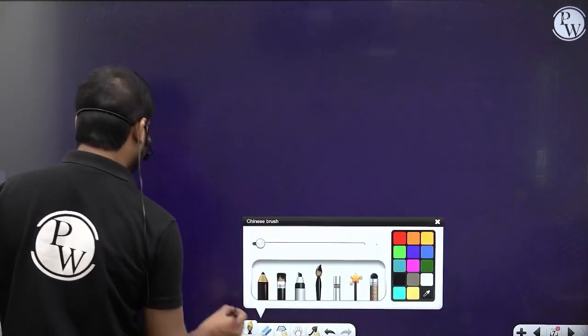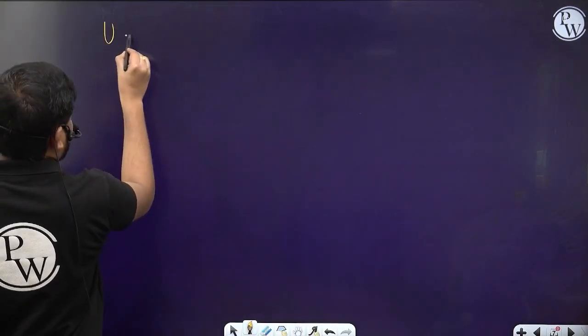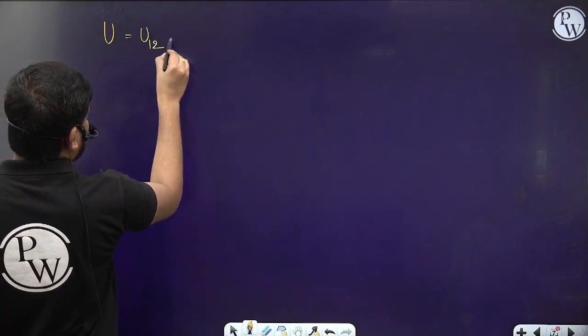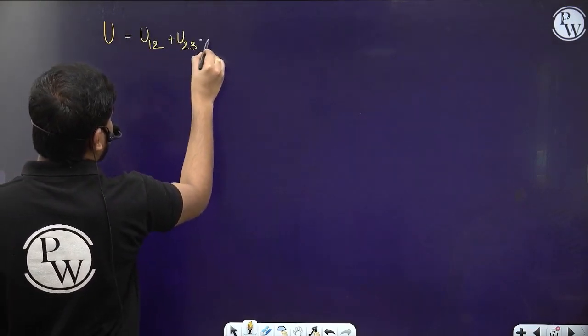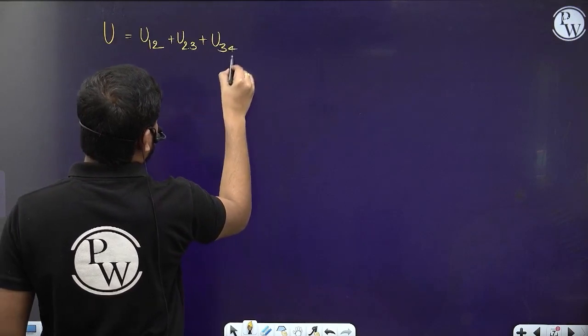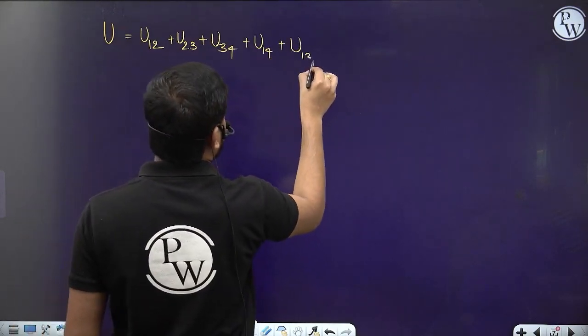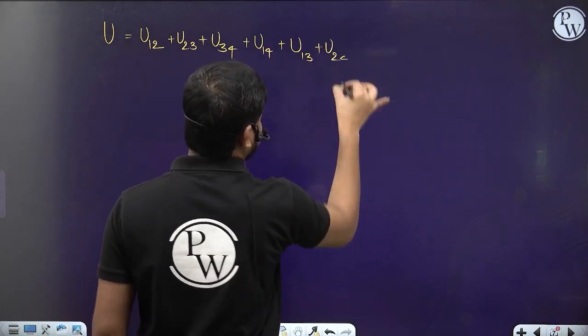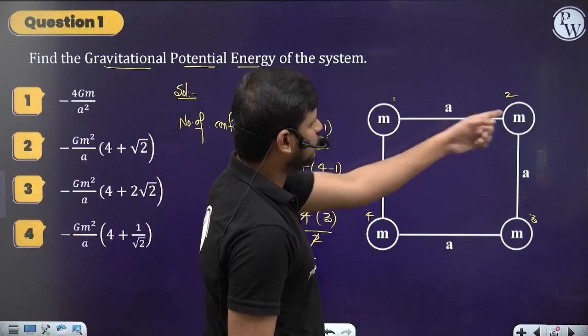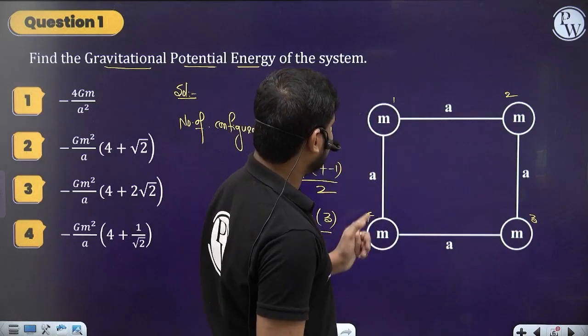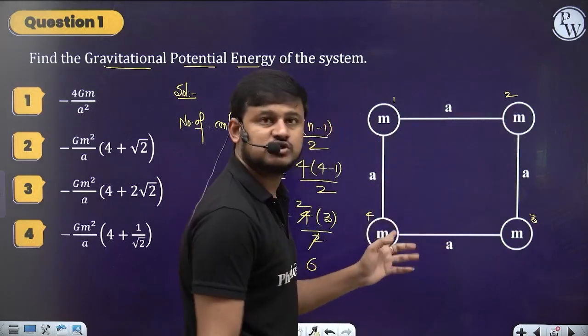So the net potential energy will be between 1, 2, between 2, 3, between 3, 4, between 1, 4, between 1, 3, and between 2, 4. Shall I write like this? So 1, 2, 2, 3, 3, 4, 1, 4, 1, 3, 2, 4. That's what I wrote.